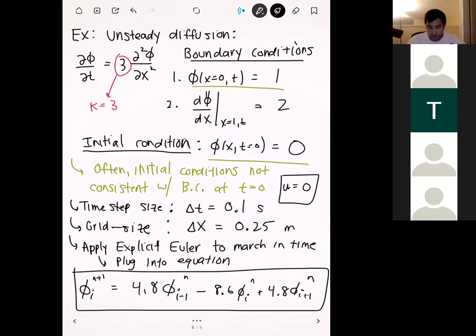And so there is our time marching scheme.